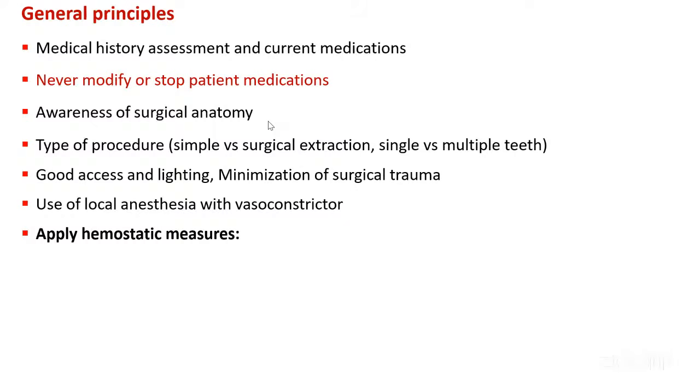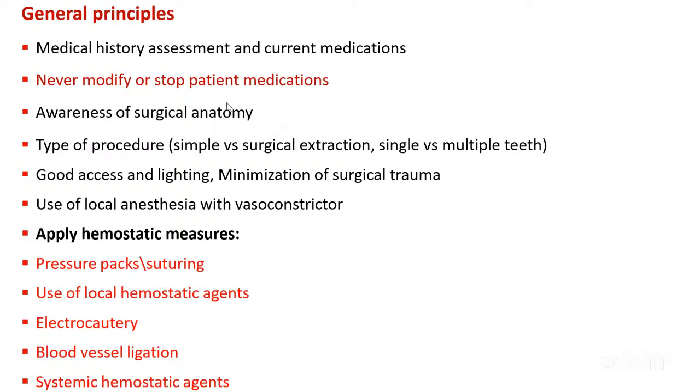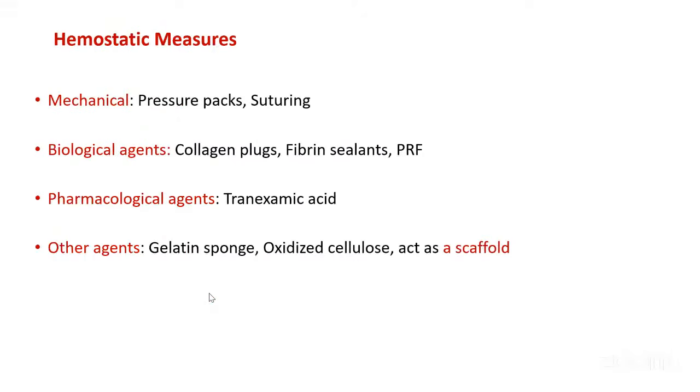For such a group of patients, we might use hemostatic measures, and this ranges from pressure pack, suturing, use of a local hemostatic agent, which will be discussed later, electrocautery, blood vessel ligation, and systemic hemostatic agents. Mostly in dentistry, we'll mainly be using pressure pack and suturing, and use of local hemostatic agents. So hemostatic measures can be divided into 3 or 4 groups.